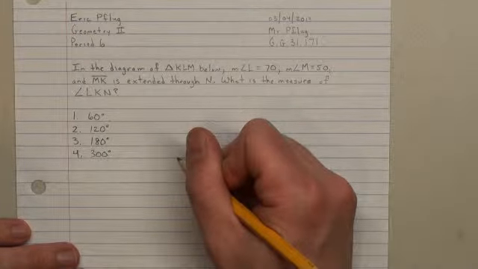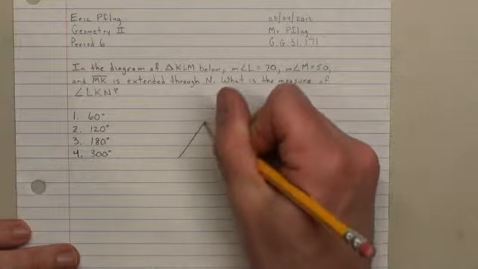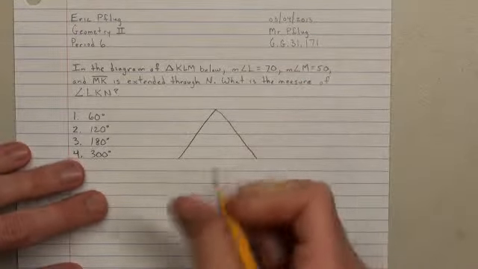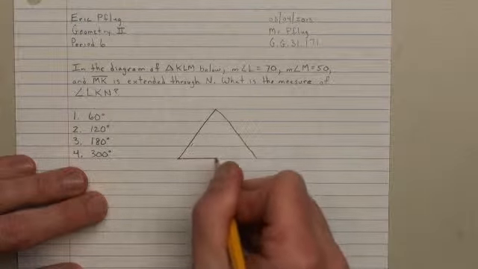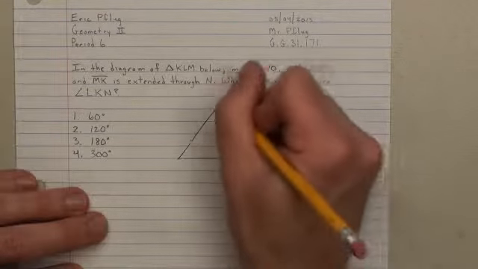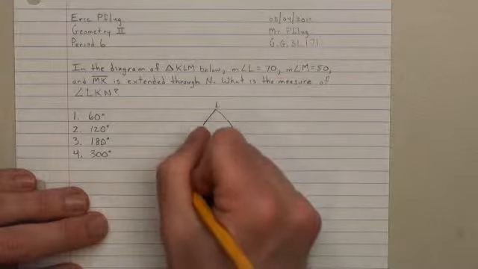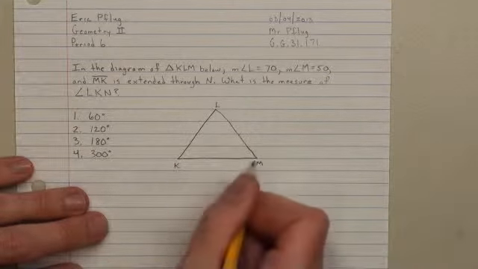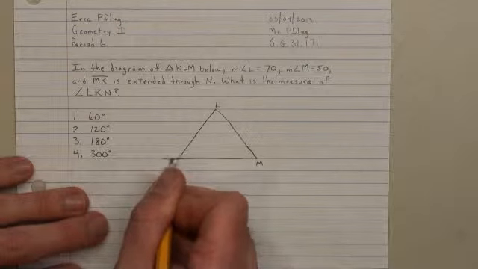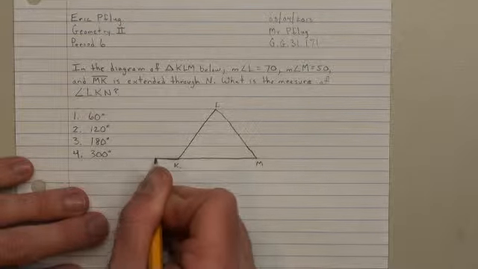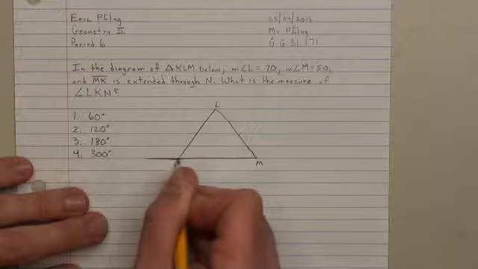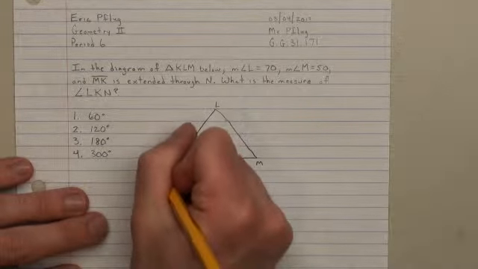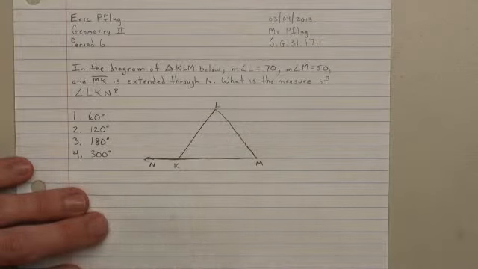Okay? We have this triangle just like this, and they have this is L, this is K, and this is M, and then the extended side MK straight out, and they put an arrow here and they put a point N right there.